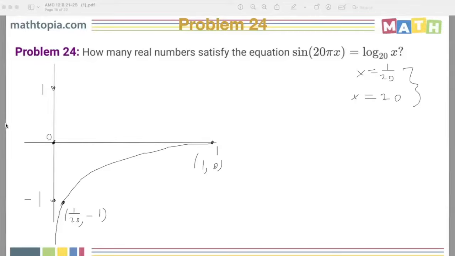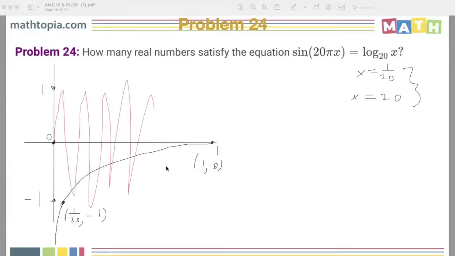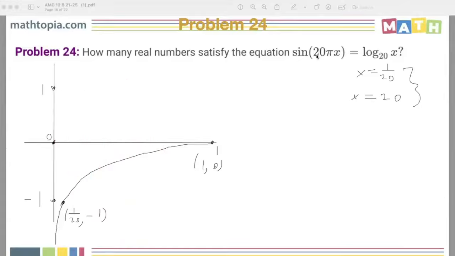And then what does the sine function look like? I'm going to draw that in a different color. This is pretty difficult to draw, but it's going to go up and down and up and down at a very fast rate. If you think about it, 20 pi is about 60 or so.